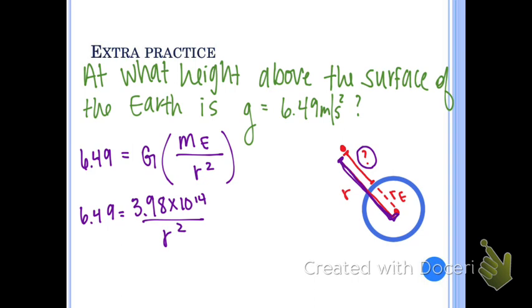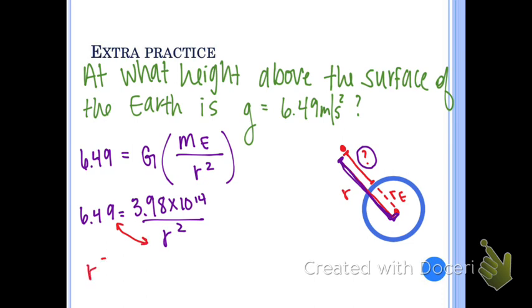All right. So now if my variable is in the bottom right here, do you remember the trick for solving for this variable if it's in the bottom? Multiply both sides. Yeah, we're going to multiply both sides by R squared, and that will move it over. But then we'll have to move over 6.49. All right, we're going to have to divide over 6.49. So the shortcut here is just to trade these two spots, right?